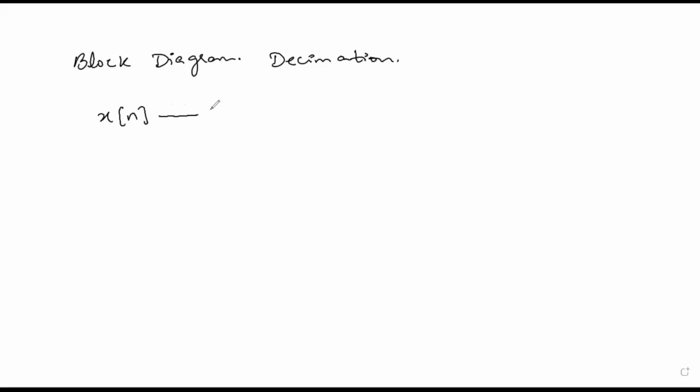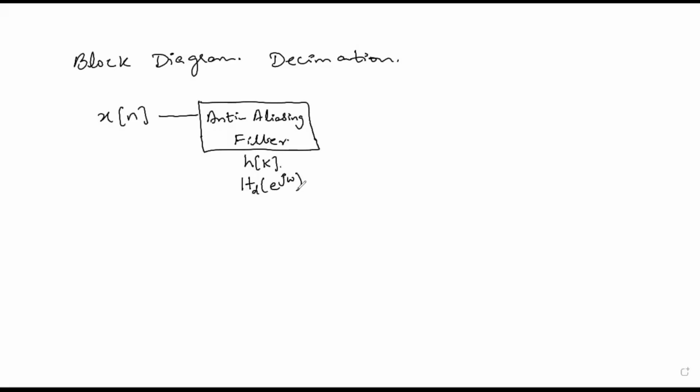First, we are going to pass this signal through a system that is basically an anti-aliasing filter, which has some frequency response, impulse response, that is h of k. And I will write this in the frequency domain as H_D of e to the power j omega, where D denotes the decimation process's filter frequency response.